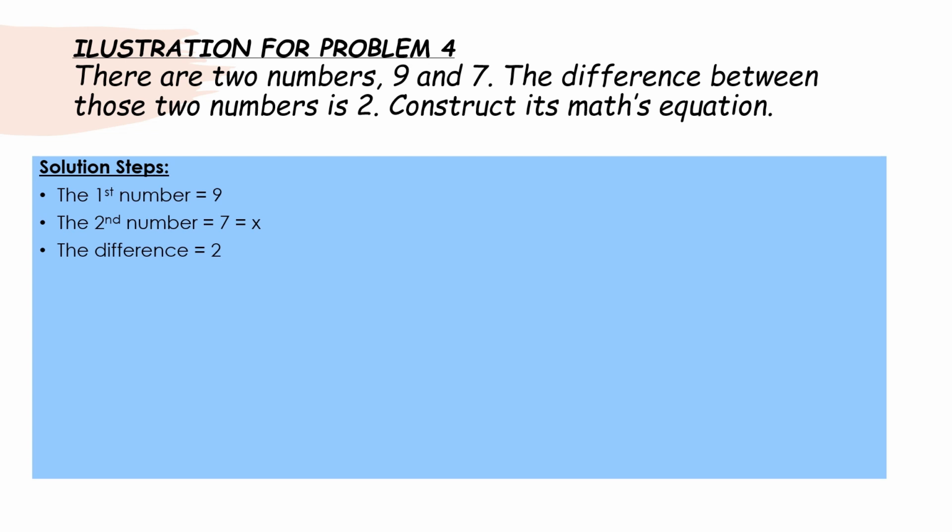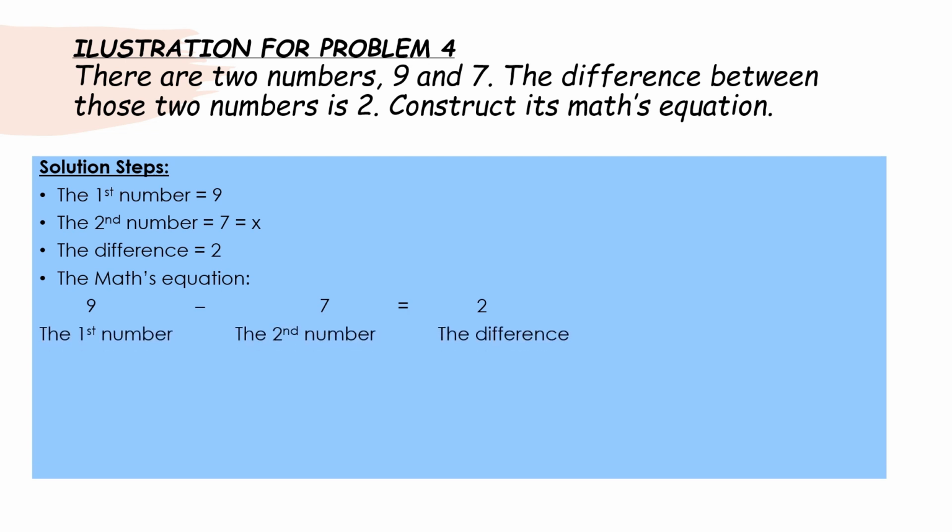The difference is 2. So the math equation is 9 minus 7 equals 2. 9 is the first number, 7 is the second number, and 2 is the difference.